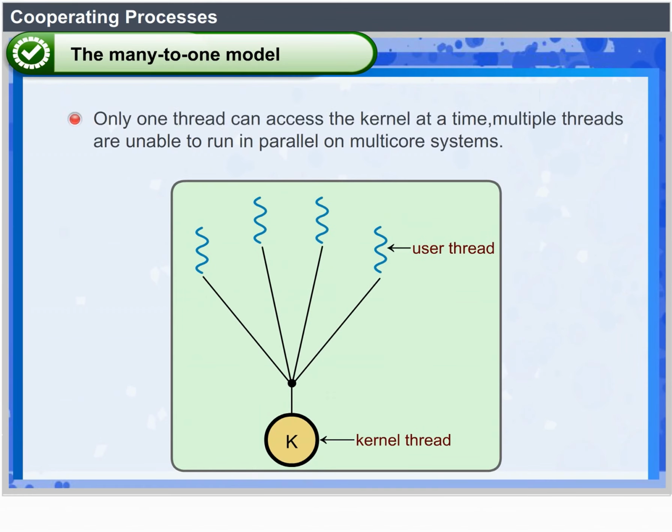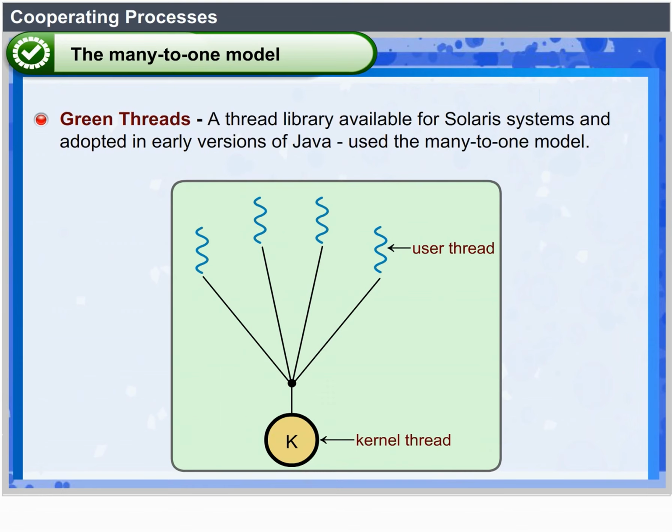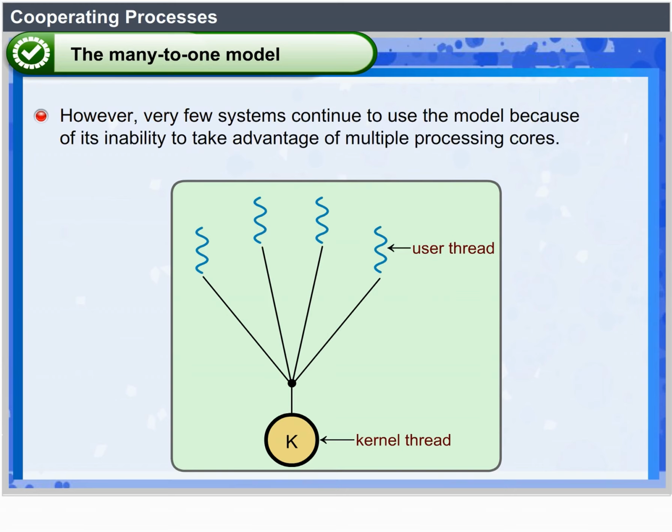Also, because only one thread can access the kernel at a time, multiple threads are unable to run in parallel on multi-core systems. Green threads, a thread library available for Solaris systems and adopted in early versions of Java, use the many-to-one model. However, very few systems continue to use the model because of its inability to take advantage of multiple processing cores.